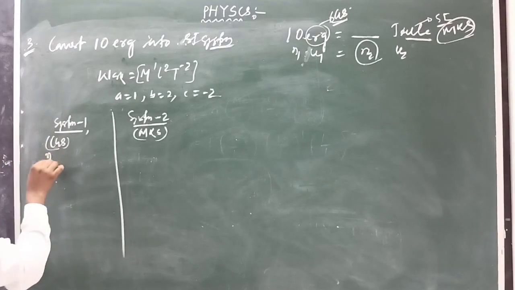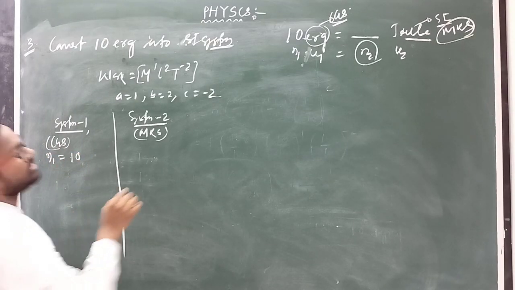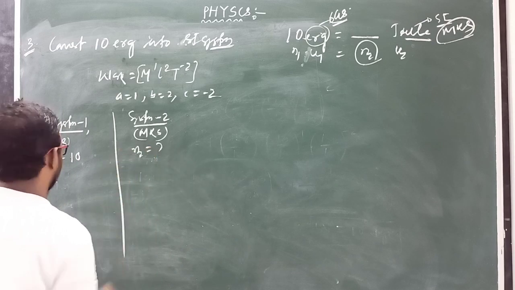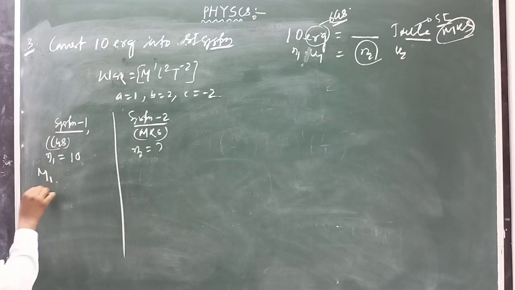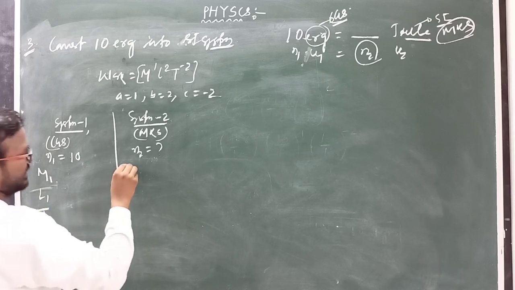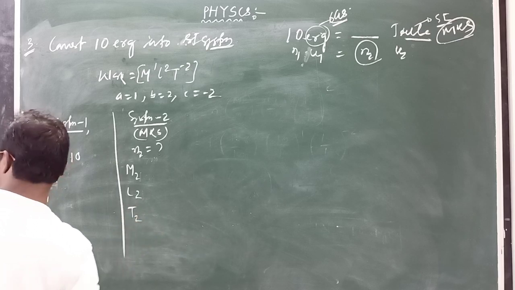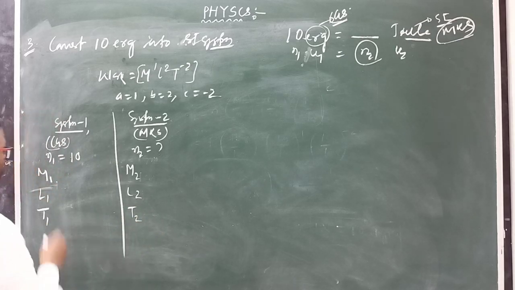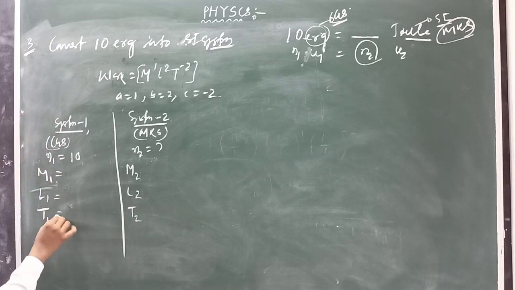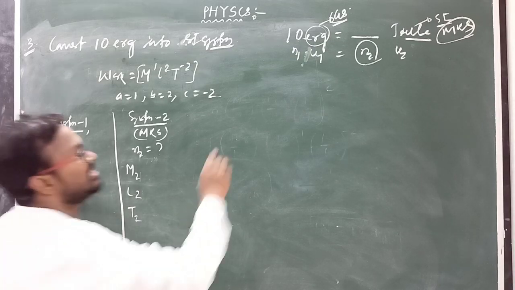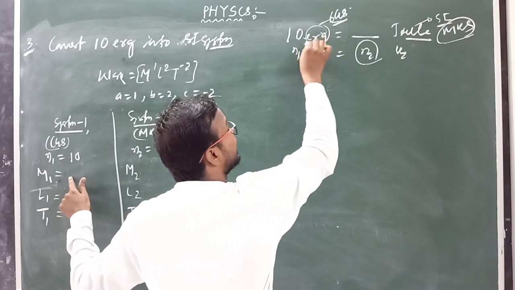Clear? Okay, here N1 is given as 10, but we have to find N2 equal to dash. So we have to first write M1, L1 and T1, and similarly M2, L2 and T2. So what is M1, L1, T1? We cannot write 1 kg because this is CGS system.